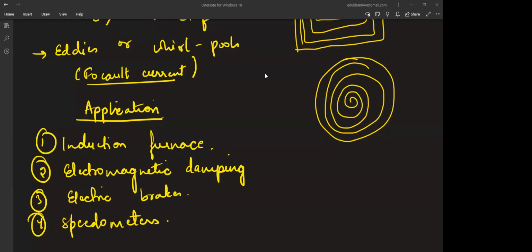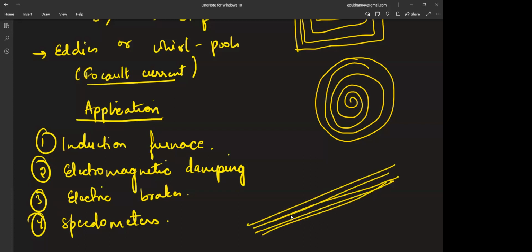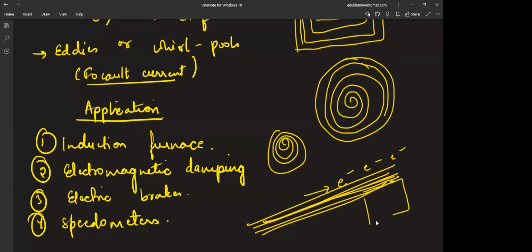Basically, eddy currents are these currents. A normal, general current travels straight within the wire, the electrons moving in a straight fashion. In case of eddy currents, the currents travel in a whirlpool like this. Or if it's a square plate, then like this.